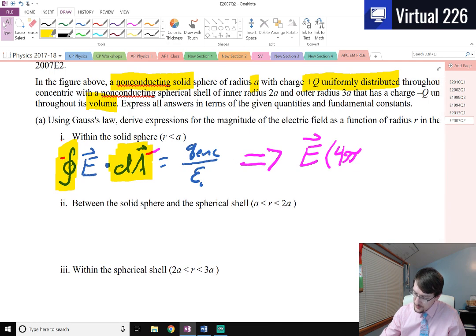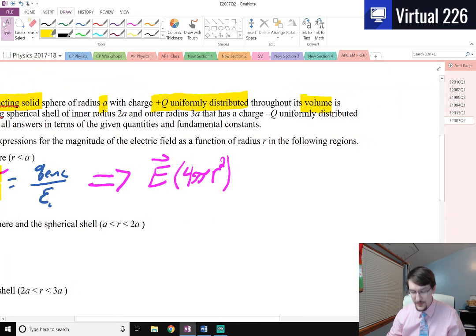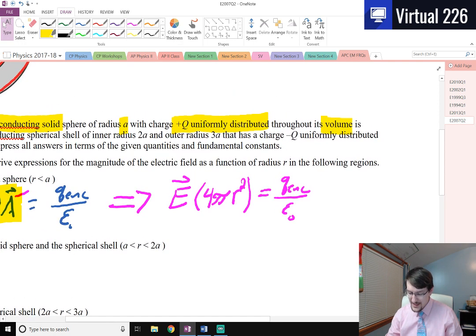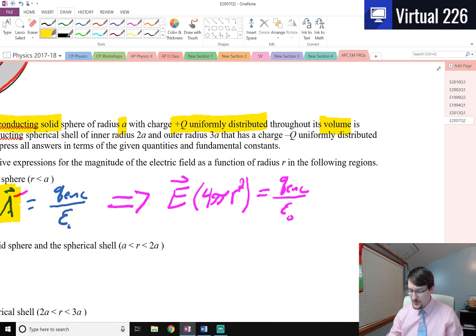So this is just 4 pi r squared, with r the radius of our Gaussian sphere, and this once again equals the charge enclosed over epsilon naught. Now the thing that gets a little bit tricky about these questions, especially with Gauss's law, and something we need to remember, is that the charge enclosed is unknown to us at the moment.